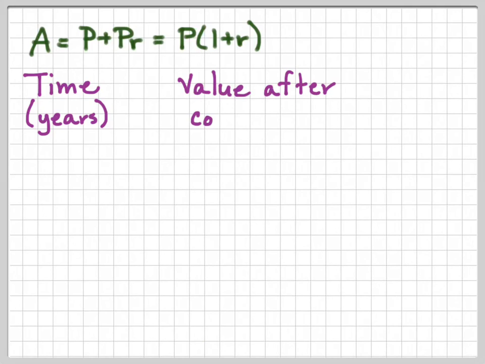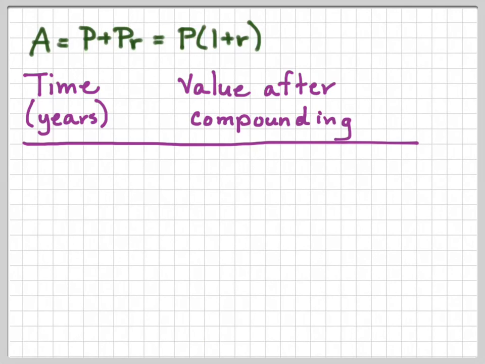So if we take a look at time in years and value after compounding, we're going to start off in year 0. This is when we just slap some money into the bank. And our accumulated amount is the same as our principal amount because we haven't earned any interest yet. At the end of the first year, you're going to have your principal times 1 plus R, and that will be what is left at the end of the year.